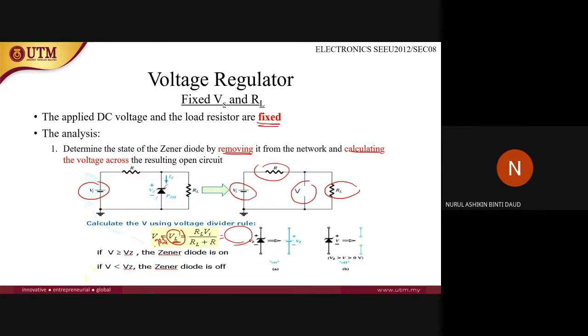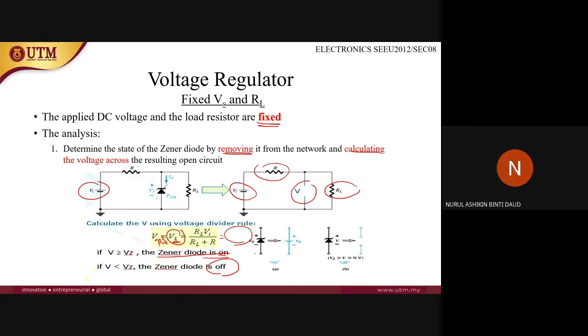If the VL that you just got is bigger than VZ, it means the Zener diode is on, operating as a regulator. But if the value is lesser than VZ, the Zener diode is off, so it will not operate as a regulator.